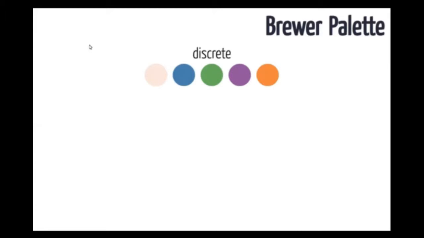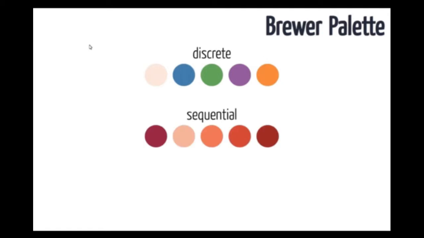And there's sort of three ways to think about these colors. There's discrete colors. Discrete colors are for categories. They're for individual items that are distinct from one another. Then there's sequential. You'd use this, for example, when you are trying to show that some things are related in some way, that there is a series of things.